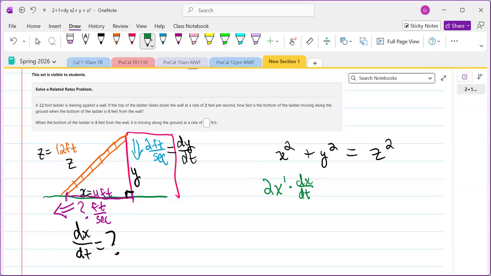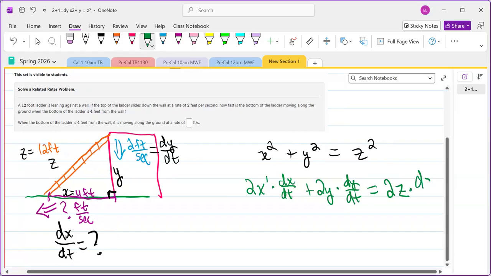So I have 2x to the first power times dx dt. And now we're just going to do that 2 more times. So plus the y squared is going to be the same thing, 2y times dy dt, equals 2z times dz dt.